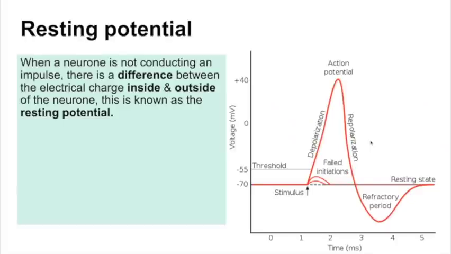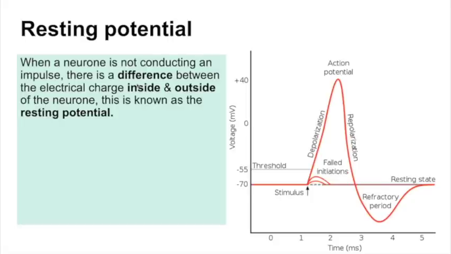A resting potential is what we would have happening inside of the axon when there is no stimulus. So when a neuron is not conducting an impulse because there's no stimulus, there's no change in the environment, there is still a difference between the electrical charge inside the neuron, so inside the axon, and outside.